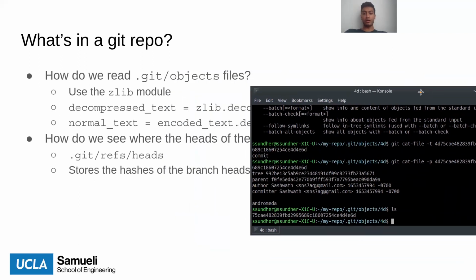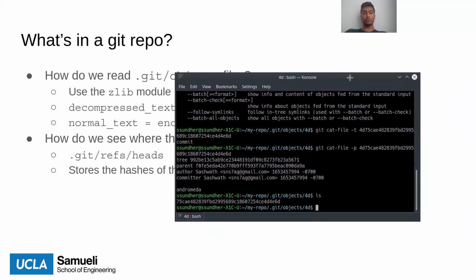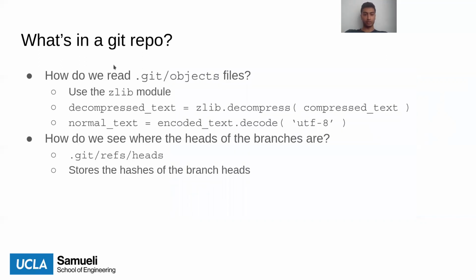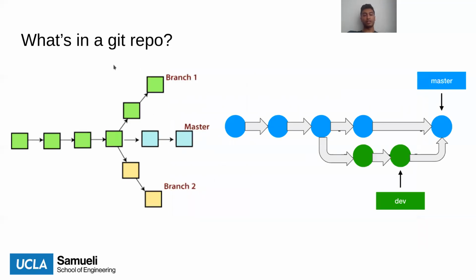Okay, so now we know how to get the human-readable version of the data in a commit object file. So how do we actually retrace our steps? How do we know what the commit data is and where the branch heads are? How do I recreate this whole graph right here from just a .git directory?